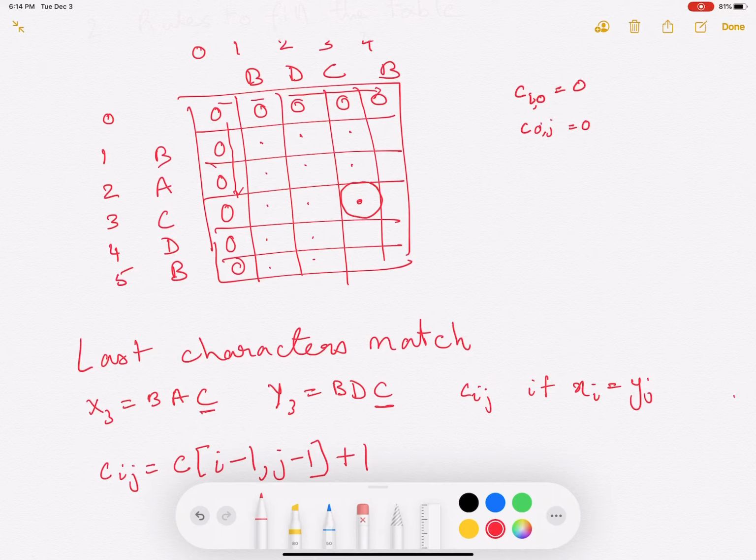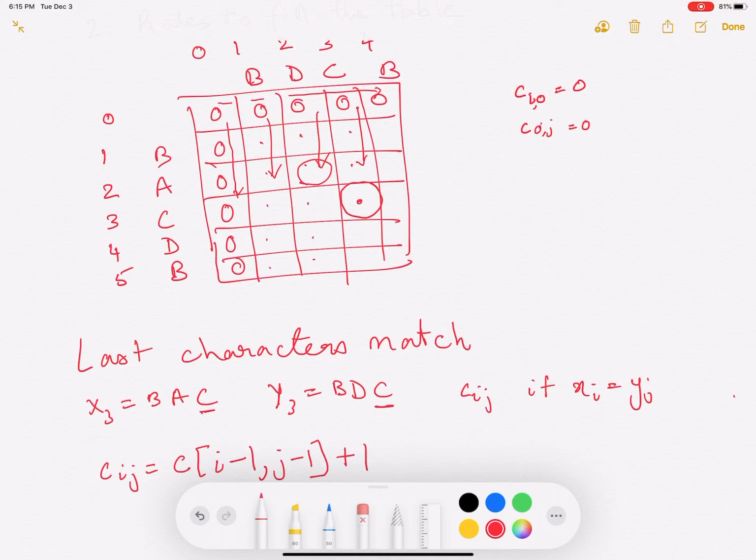So if you're filling by columns, we move along this column, then this column, then this one, and then here. So these places have already been filled. When you're trying to look at Cij, you already know what value exists in this block. Some value for the longest common subsequence exists.